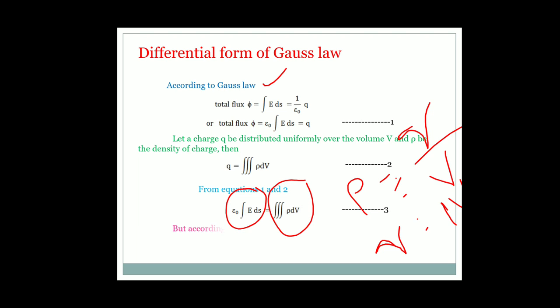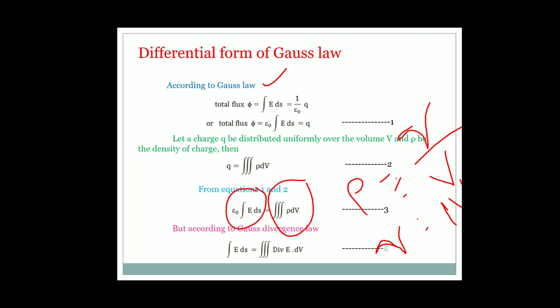According to the Gauss divergence theorem, integration E dot dS is equal to the volume integration of del dot E dV, or the divergence of E dV, also called del dot E dV.